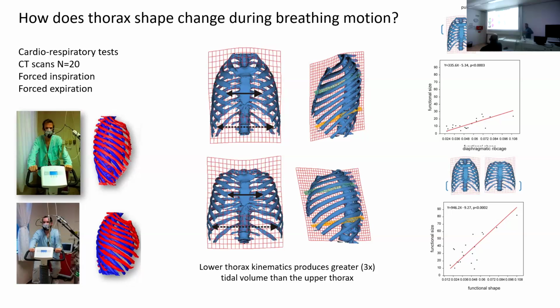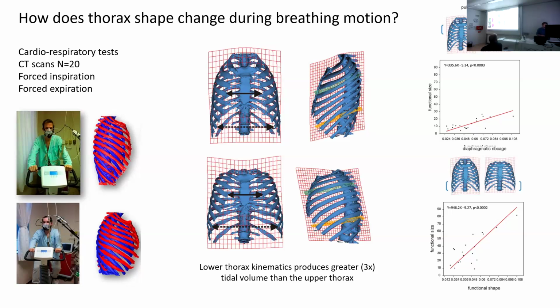Because for the same kind of shape changes in the upper thorax, there is much less size differential produced due to breathing kinematics than in the lower part, which means that if the lower part is a little bit wider, then there is much greater ventilatory volume that can be moved in breathing motion.